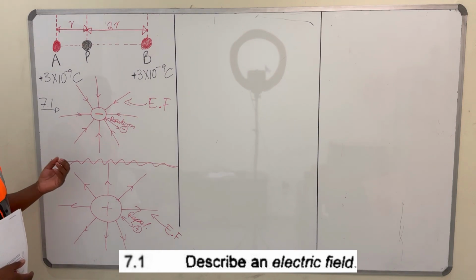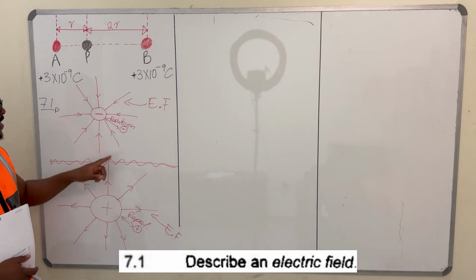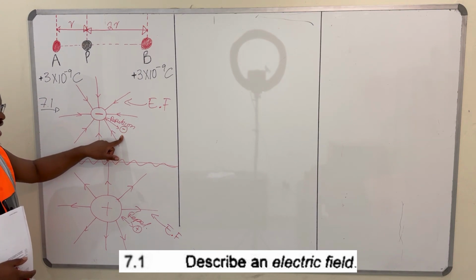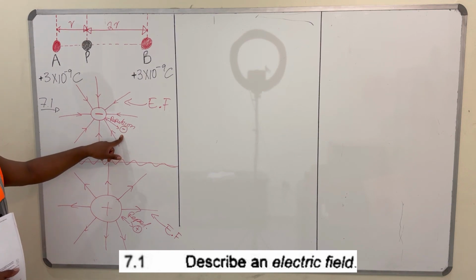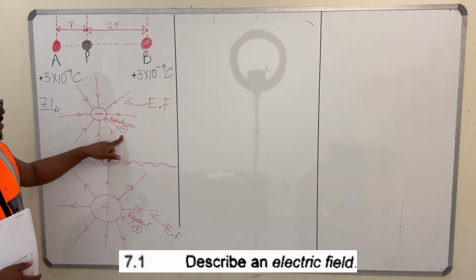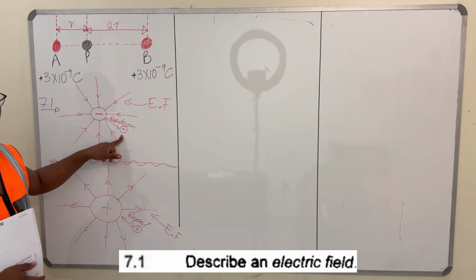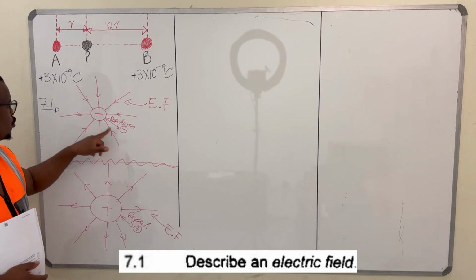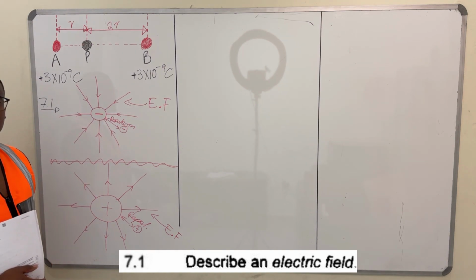Right? So an electric field is the electrostatic force experienced by 1 coulomb of charge, of this charge here. So it is not a force, but it measures the force experienced by 1 coulomb of charge due to this one. That's what an electric field is.